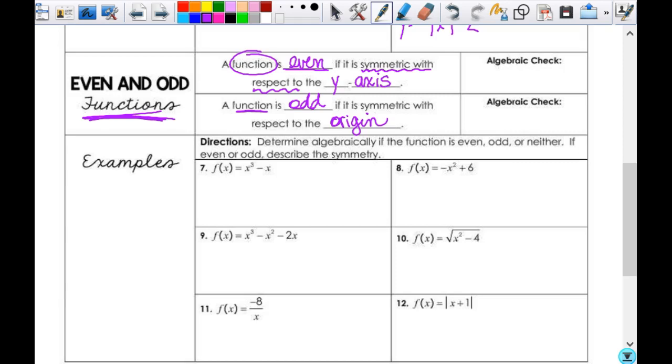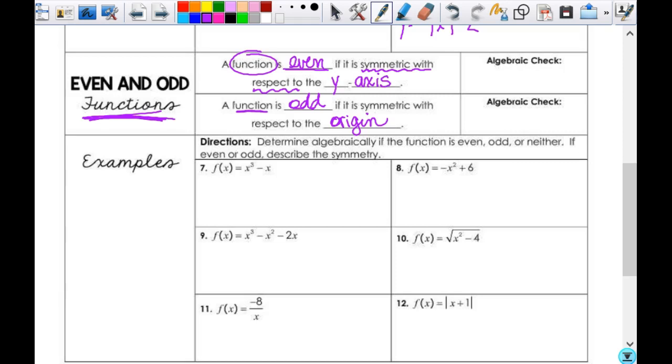So you can visually look just like we did up there, but then there's also an algebraic check, because notice we don't even have graphs to look at down here. It's nice that we had graphs on the other ones, because if I just gave you the function and no graph for the stuff we did yesterday, you'd have to substitute in a negative y, see what happens, substitute in a negative x, see what happens, substitute in both, see what happens.